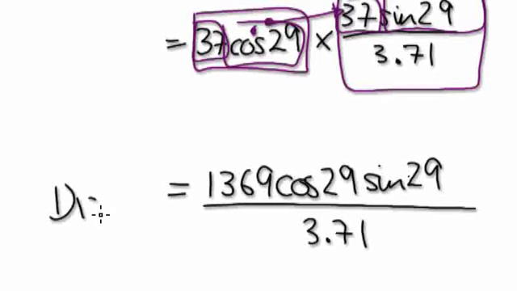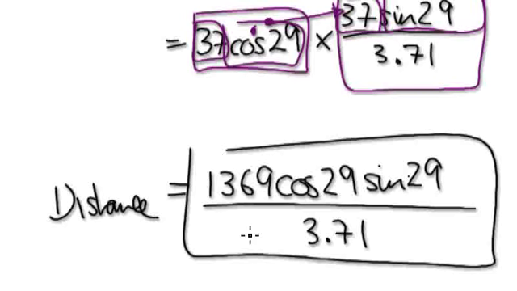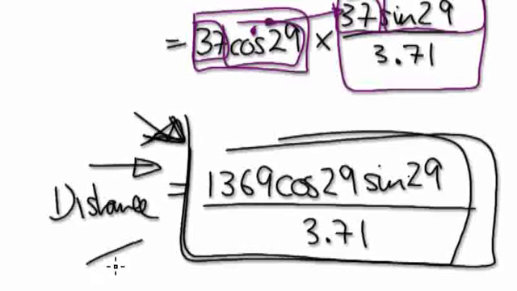So the distance is given by this, and that's your answer. Remember, this is not the range. This here should be half of the range, really. So the answer to this question is given by this, and we can leave it as this. We don't need to convert into a decimal.